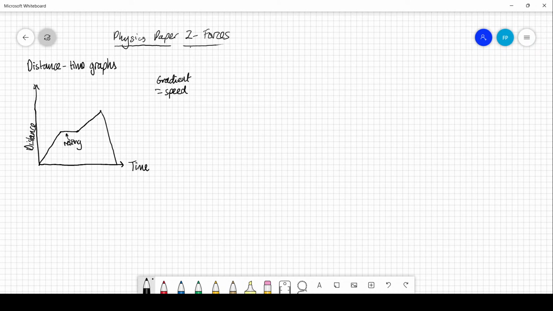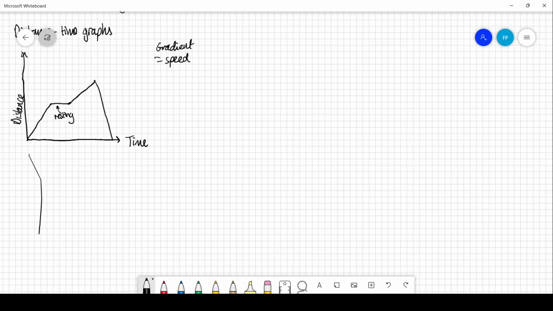Sometimes the line could curve, so if I draw a new graph, and what's going on?